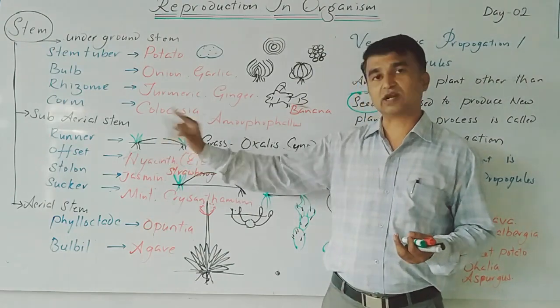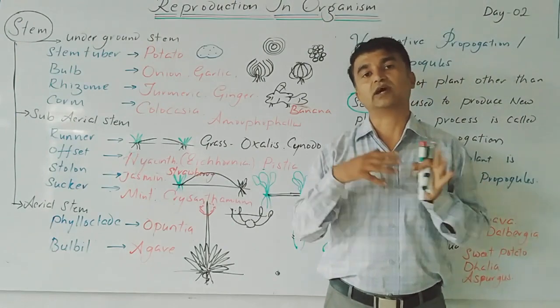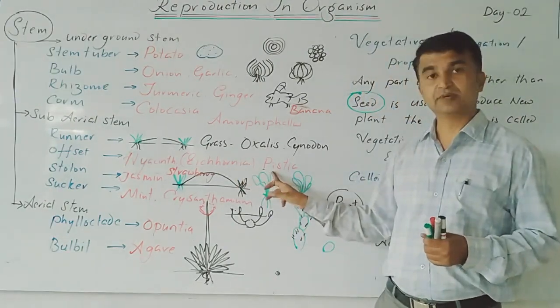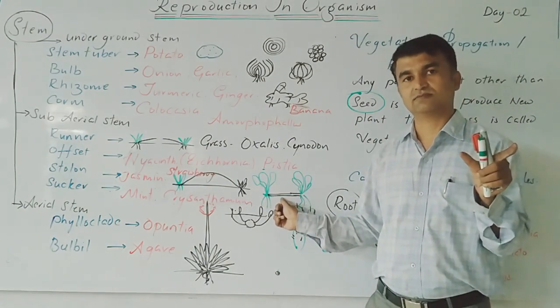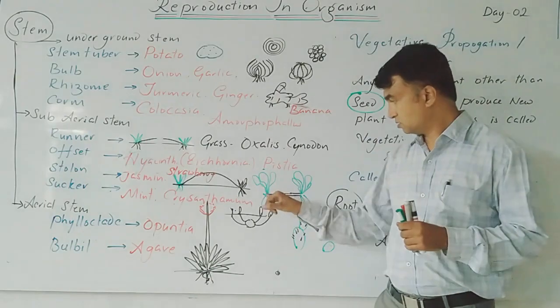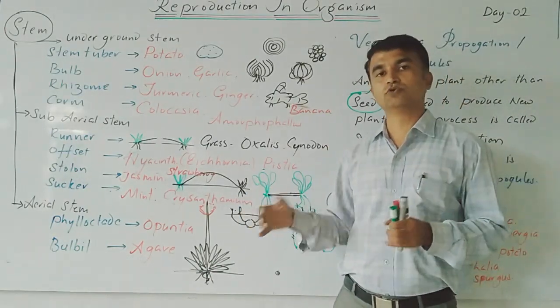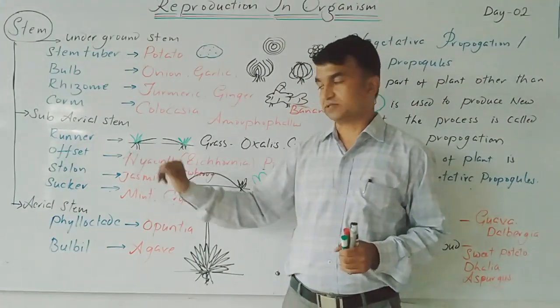So this is a runner. Offset, for example, Eichhornia crassipes or pistia. In this case, the internode length is specific. In every nodal region, it produces leaf and root. This is an offset.